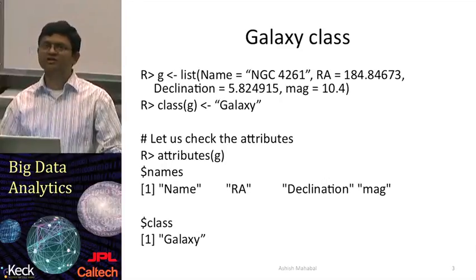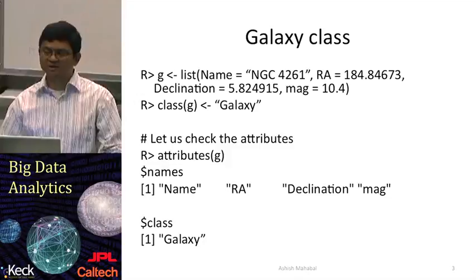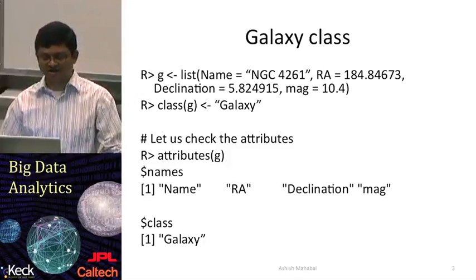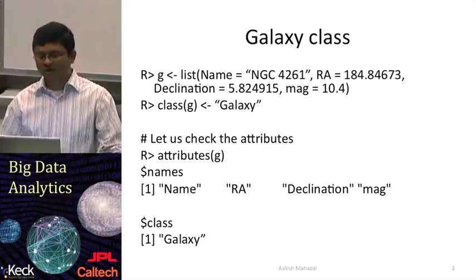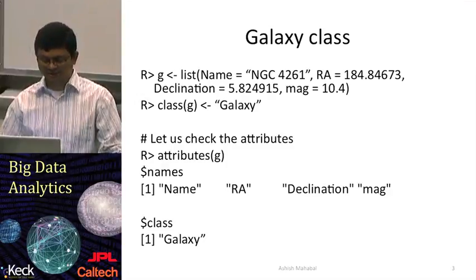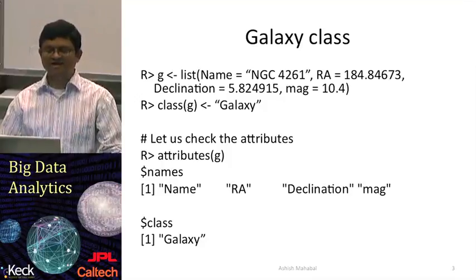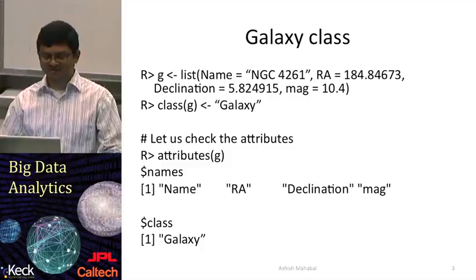RA and declination are the two variables that tell you the position of the object, galaxy in this case, on the sky, just like latitude and longitude. And then there is a certain magnitude. And then once you have defined this variable called g, then you can say that class of g is galaxy. And just doing these two things together defines for you that class.